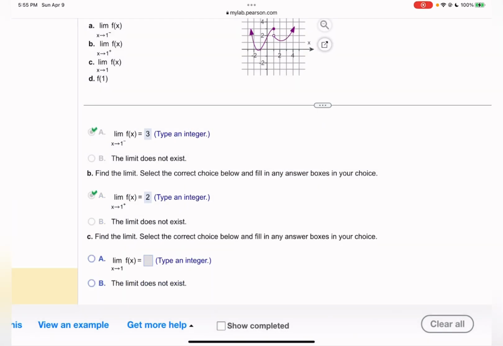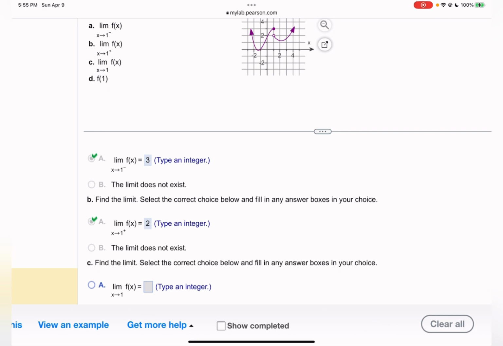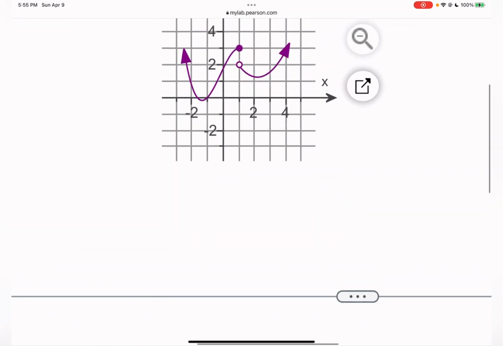And last one, we have f of 1. If I take f of 1, it's going to be 3.